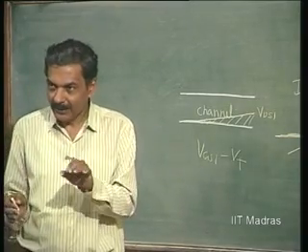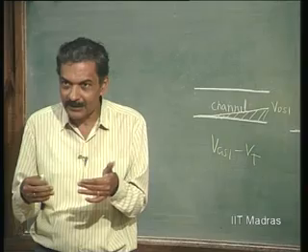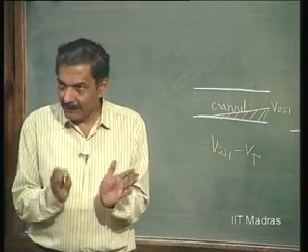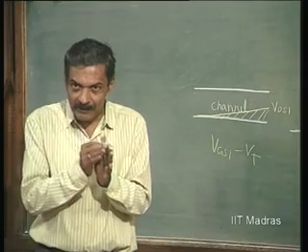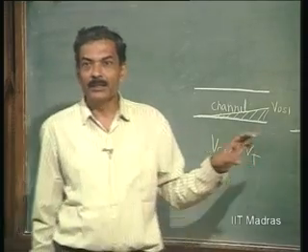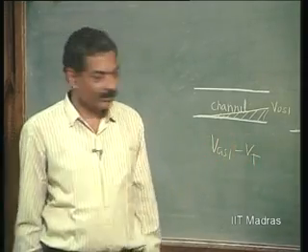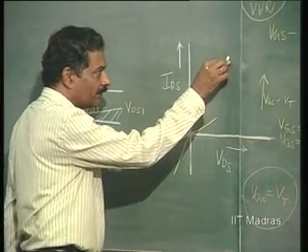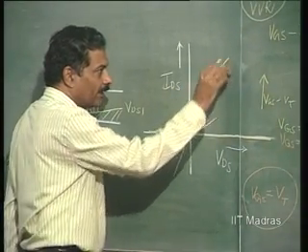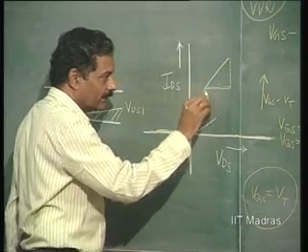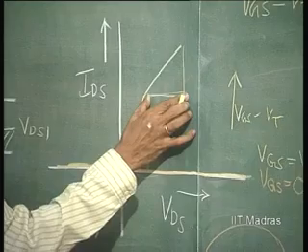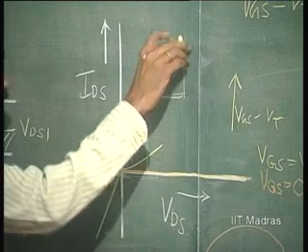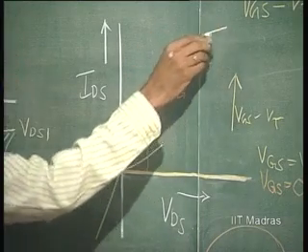Because now it is a nonlinear resistance I am talking of, an incremental current for an incremental voltage remaining the same will keep on decreasing. For the next portion of the incremental voltage, the incremental current is going to be less. If you maintain the same voltage, this current is going to be lesser than this current, and the next current is going to be still less.